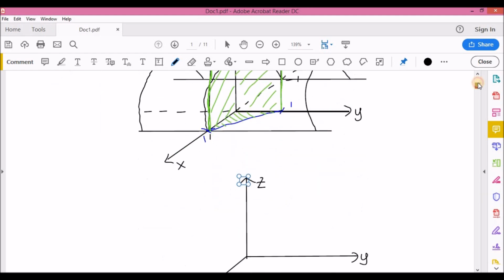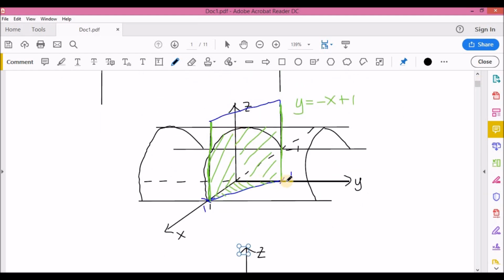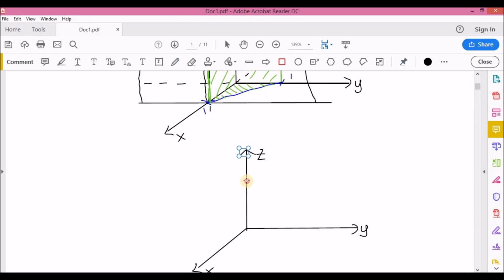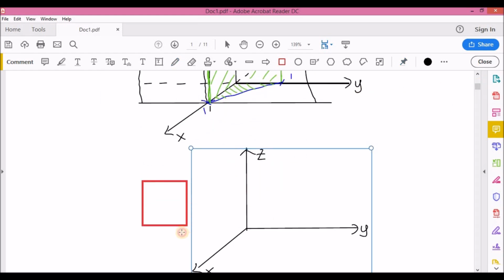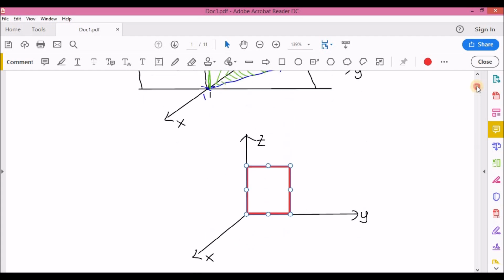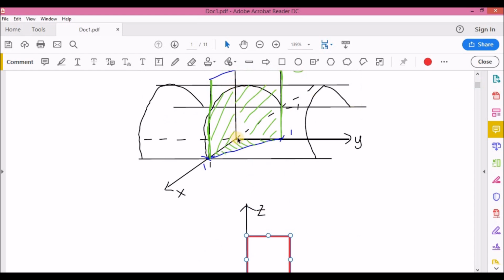If you draw it again, here you will have a rectangle. Put the rectangle here. After that you will have a curve, touching here.